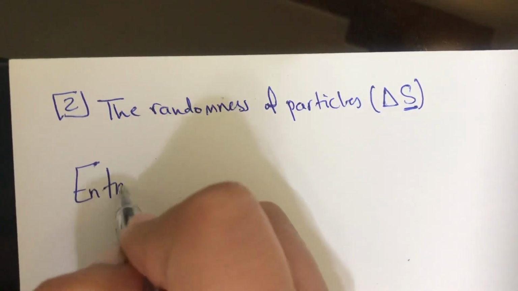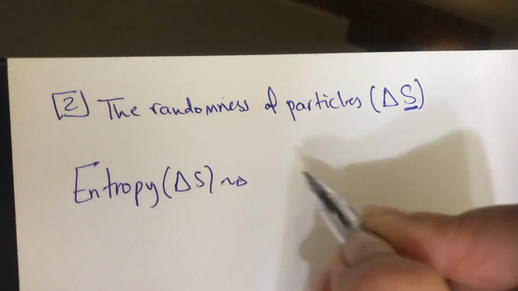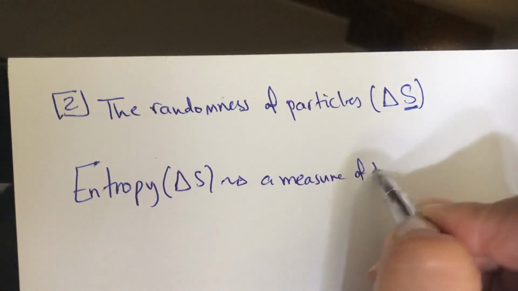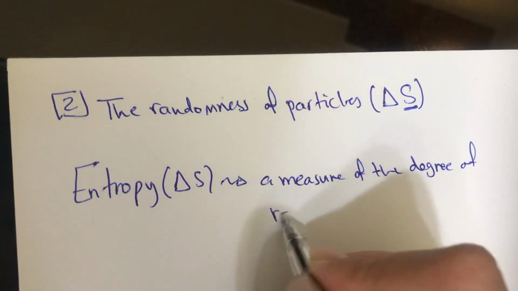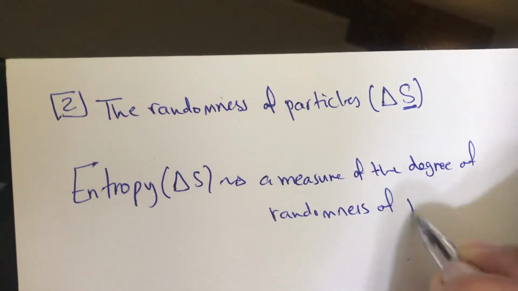Entropy, delta S, is a measure of the degree of randomness of particles.